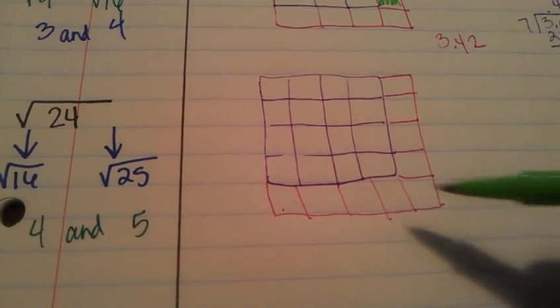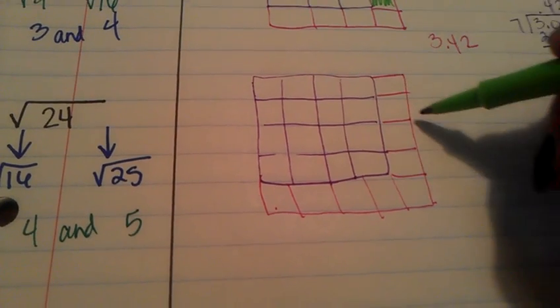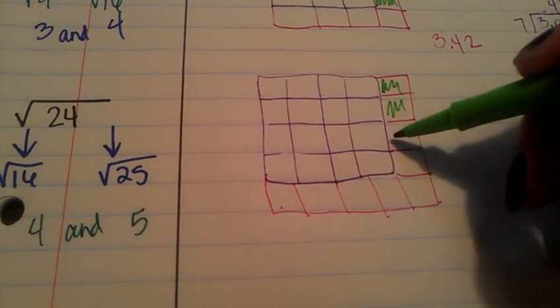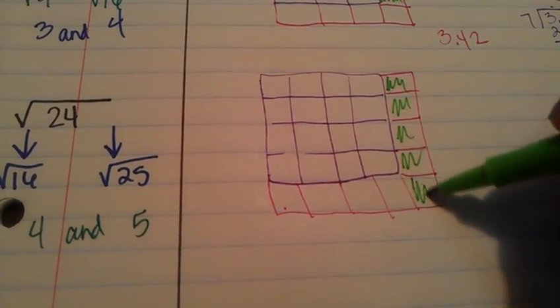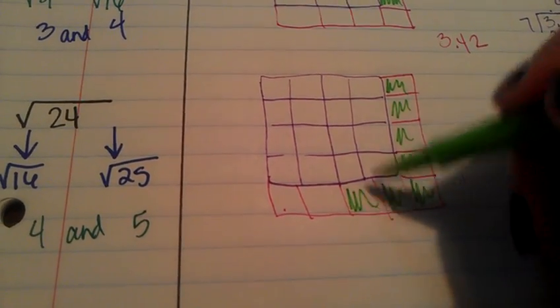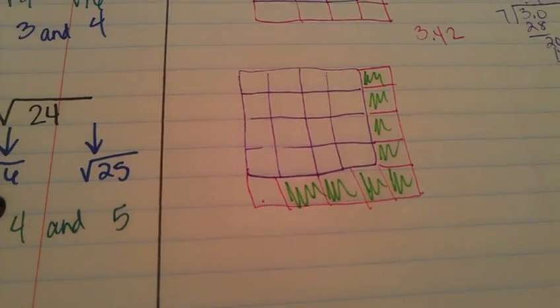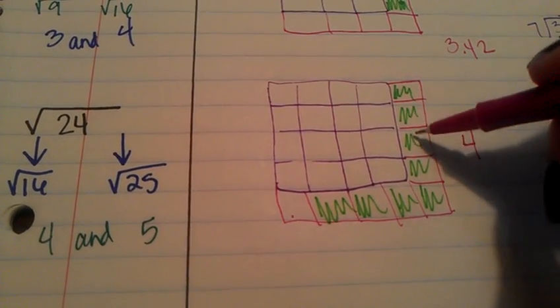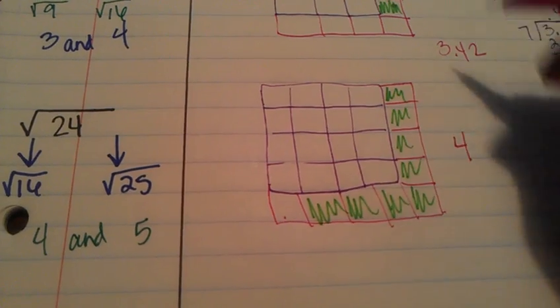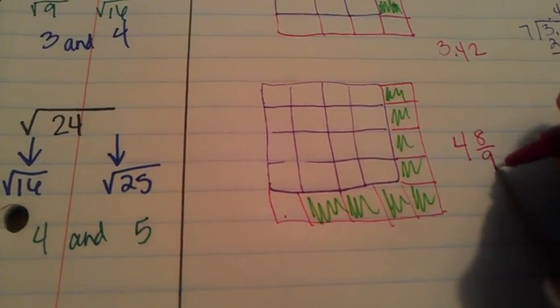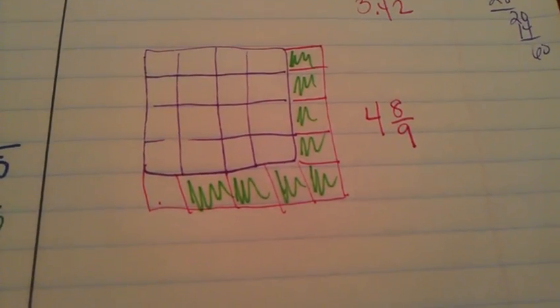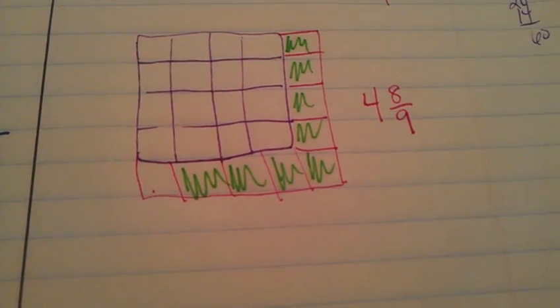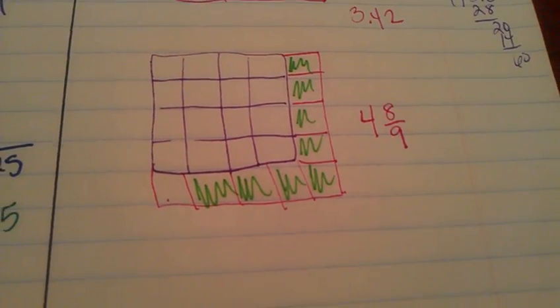So starting with 16 because that's my 4 by 4: 17, 18, 19, 20, 21, 22, 23, 24. So my final answer will be 4 and 1, 2, 3, 4, 5, 6, 7, 8. 8 ninths. 4 and 8 ninths. And to get the exact decimal, you would just divide 8 by 9.